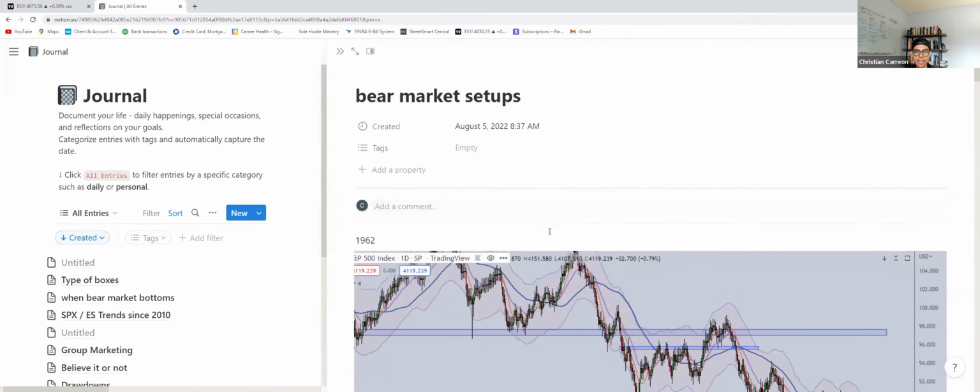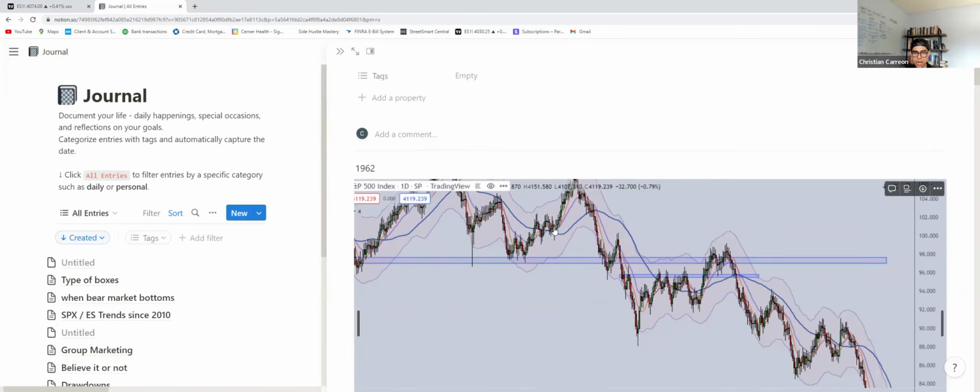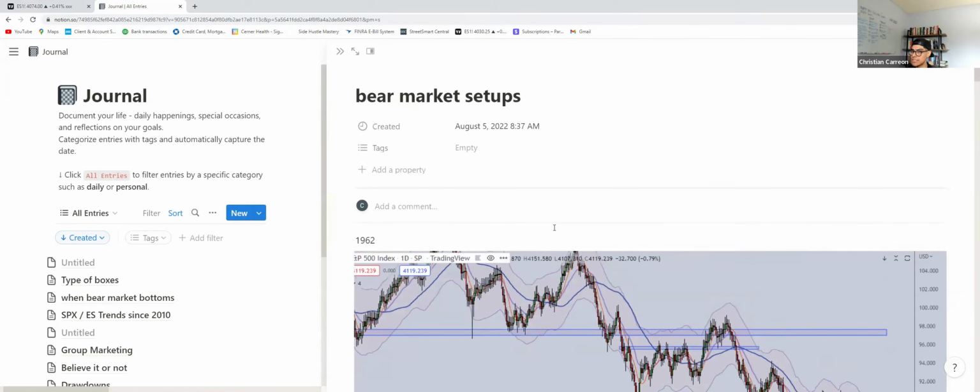I'm big on, again, data analysis. And I say that we need to understand and have all of the data to make informed decisions, right? I've categorized and labeled and highlighted, annotated every bear market trend since 1960. A big belief of mine is that trends replicate across different times in history.